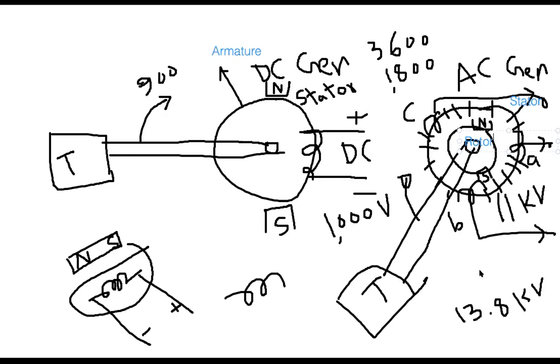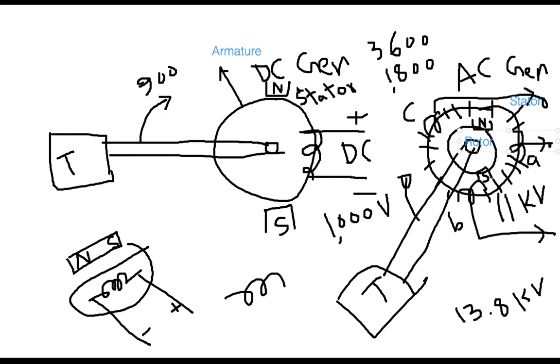So if you are asked this question, what is the basic difference between DC generator and AC generator, don't say that okay, AC generator produces AC voltage, DC generator produces DC voltage. As an engineer, don't say that at first. You may say it, of course, that is true, but don't emphasize that point. As an engineer, you will answer that in case of AC generator, the armature or the stator remains static and the rotor rotates, or the magnetic field rotates.